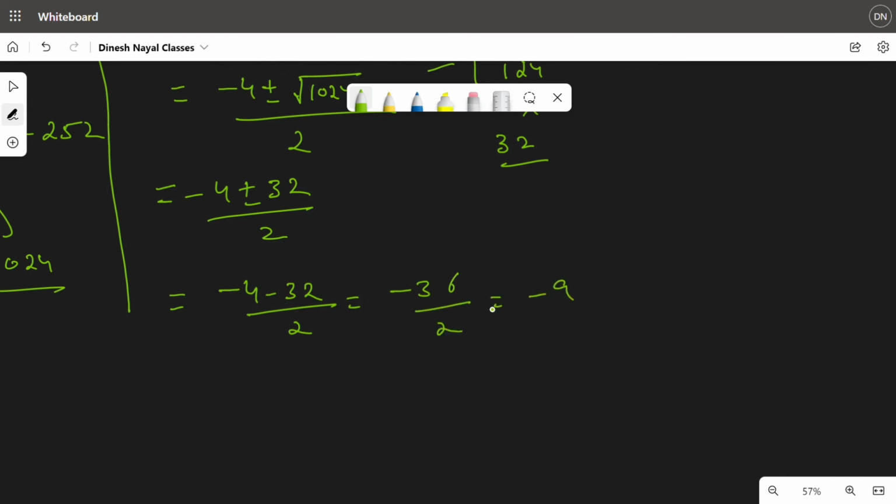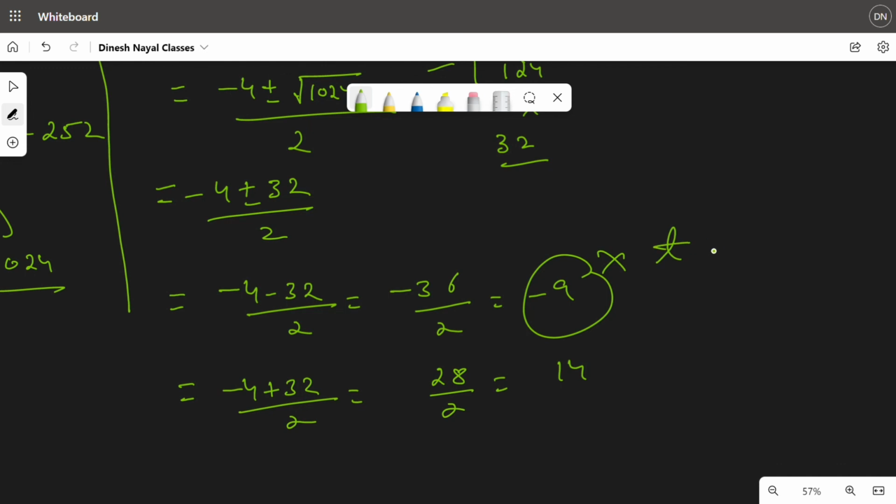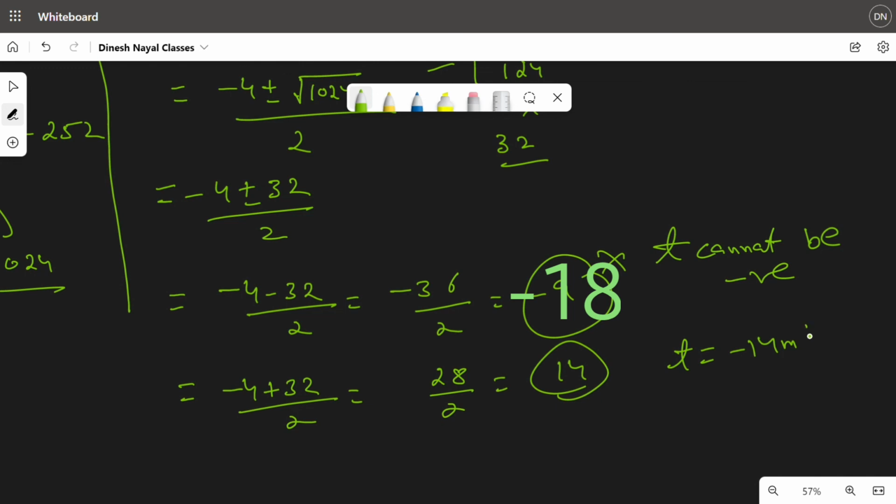So minus 18 is not possible because we are not considering negative time. Now minus 4 plus 32 by 2 is 28 by 2, that is 14 minutes. Time cannot be negative, and 14 should be the present time. So hence the required value of t is 14 minutes.